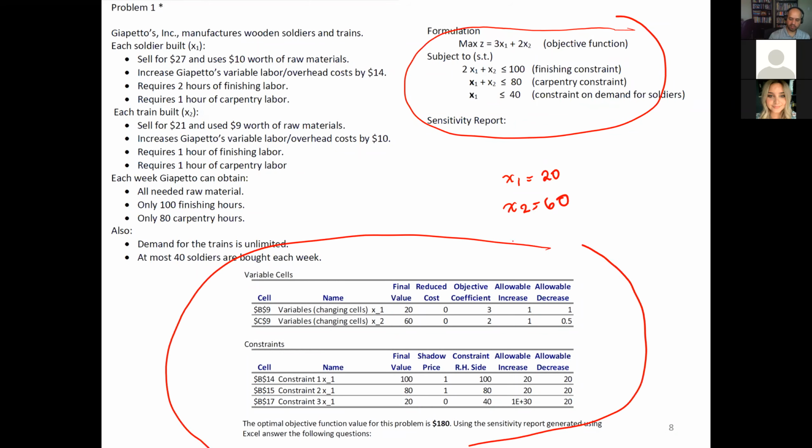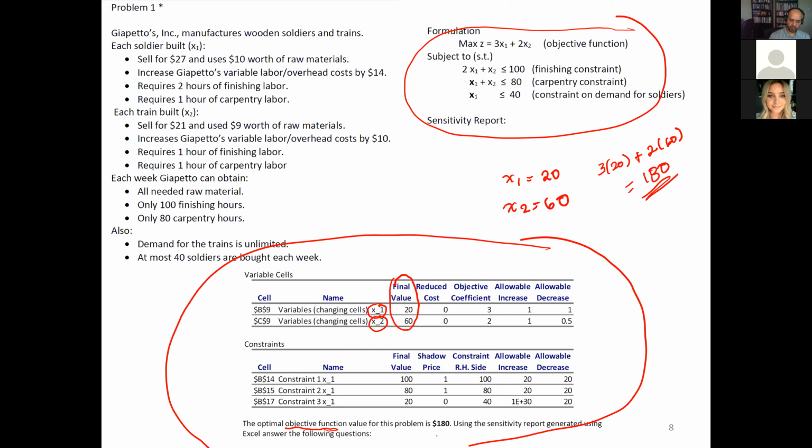This is the sensitivity analysis report. So for x1 and x2, these are the final values: x1 equals 20, x2 equals 60. And the optimal objective function, if you substitute 3 times 20 plus 2 times 60, is going to be equal to 180.